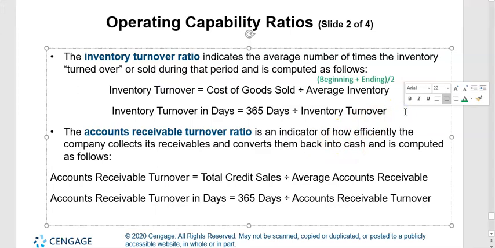If you want to know what that means in terms of days to sell something, you take 365 days and divide it by the inventory turnover, and that tells you how many days. Obviously, the higher the inventory turnover, the fewer days it takes to sell.